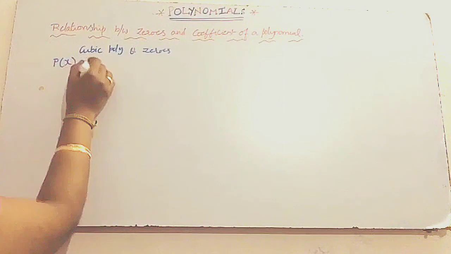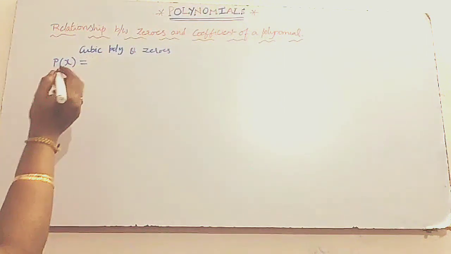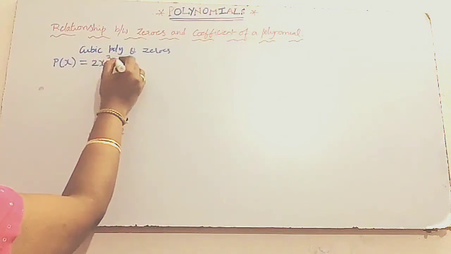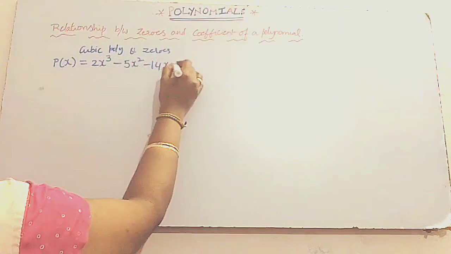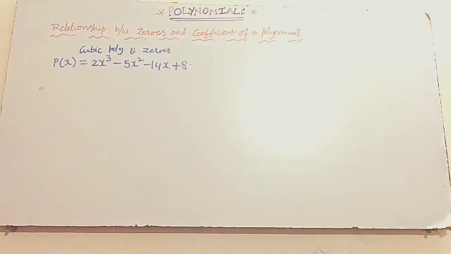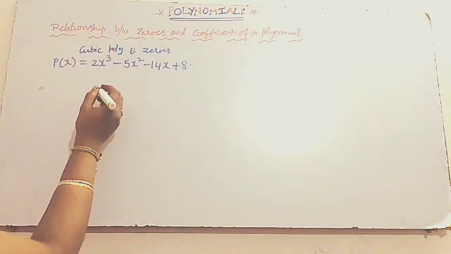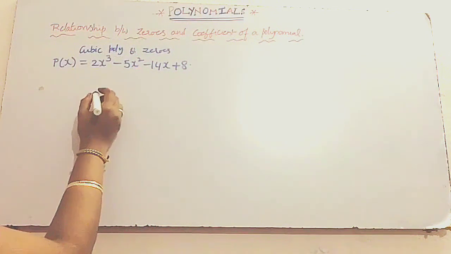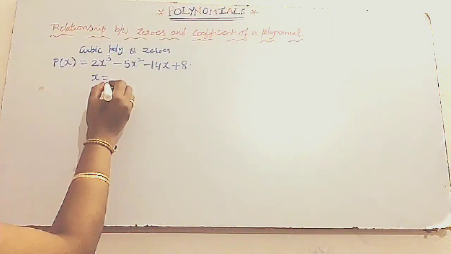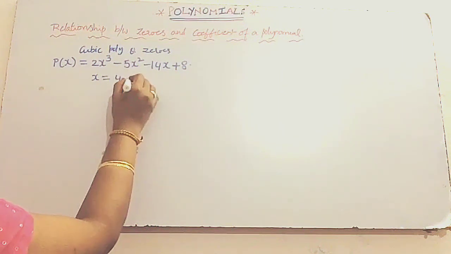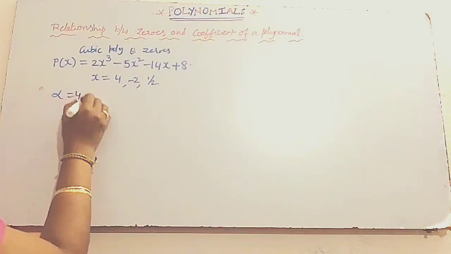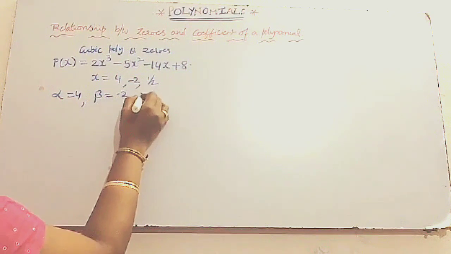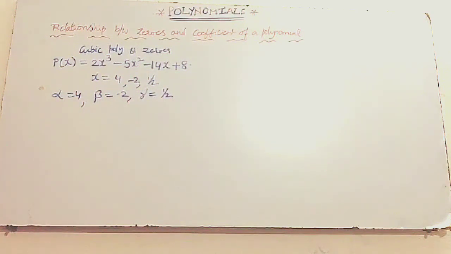First I will take the polynomial p of x equal to 2x cube minus 5x square minus 14x plus 8. I will take this equation. Now the roots of this equation are, so x equal to, we will get 4, minus 2 and 1 by 2. So I will take the roots are alpha equal to 4, beta equal to minus 2 and gamma equal to 1 by 2.